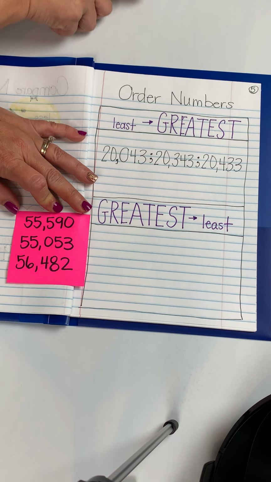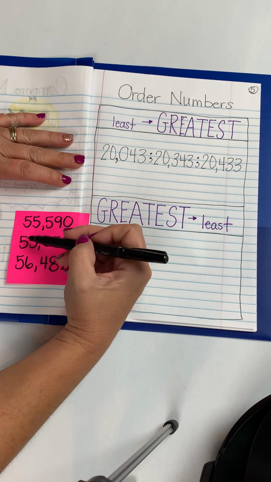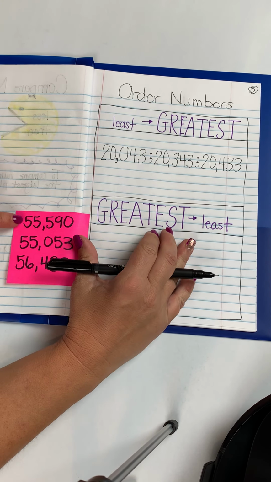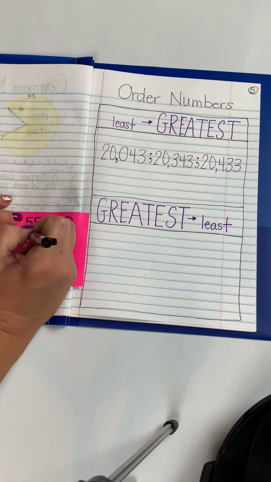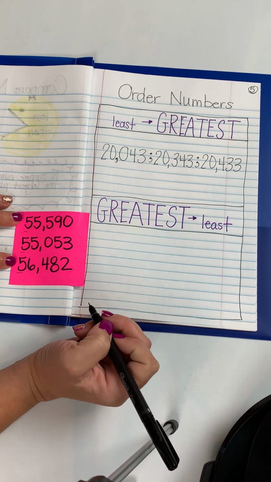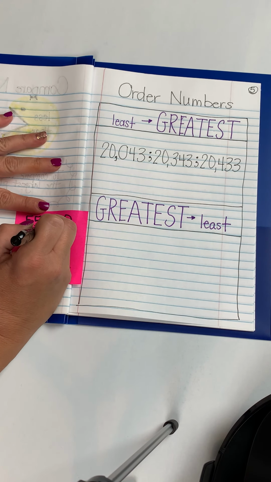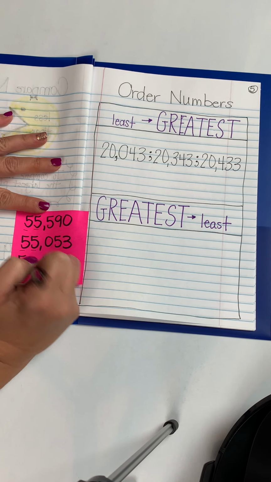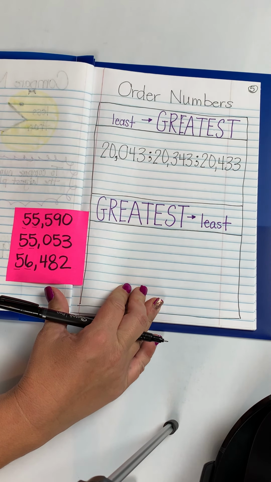Okay? So again, we start at the largest place value. All of these have a number in the 10,000s place, but they're all a 5, aren't they? So if they're all the same, we have to keep going. All right, here we have a 5, and a 6. Remember, we're going from greatest to least.